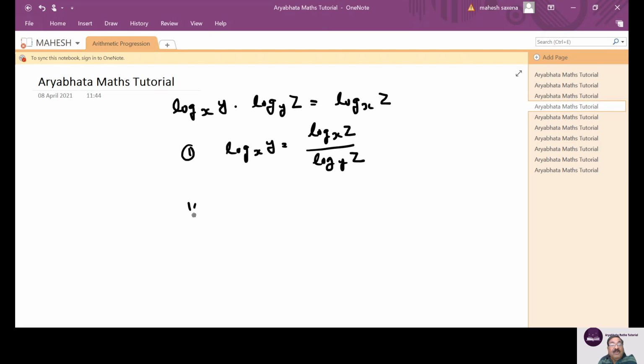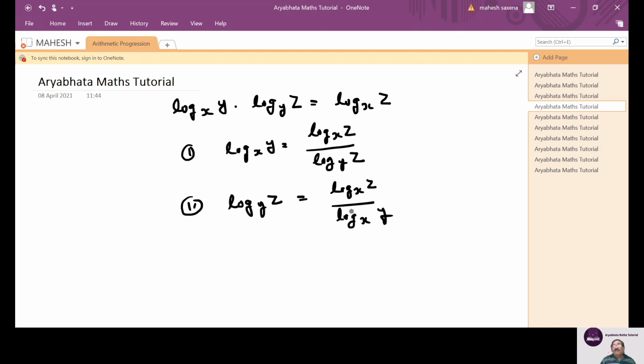Second property, suppose you have to find the value of log base y of z. It is equal to log base x of z upon log base x of y. Therefore, in this case, y has gone into the base and a new base x is created. This property can be utilized to find the values of many logs.